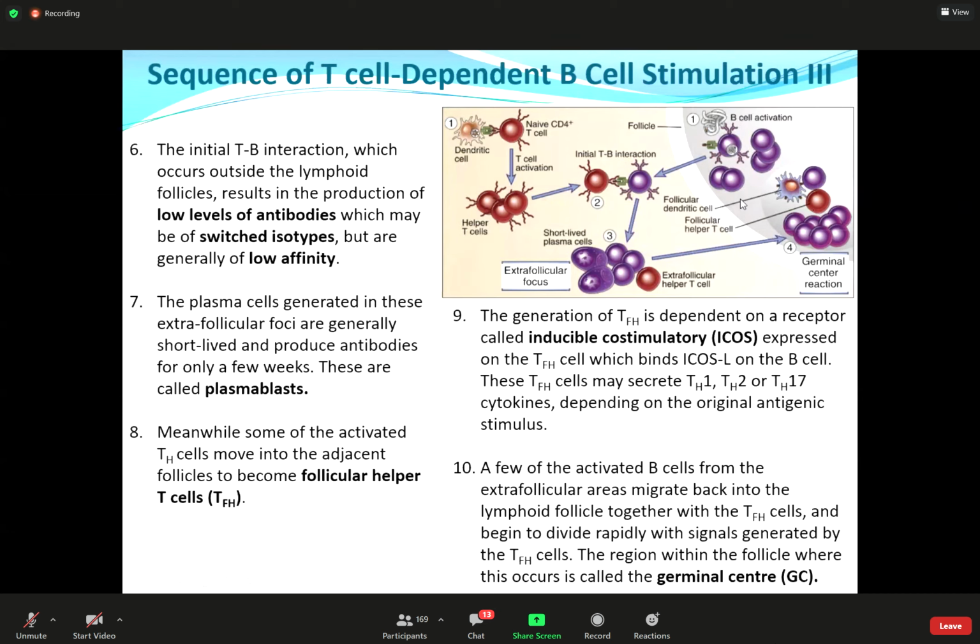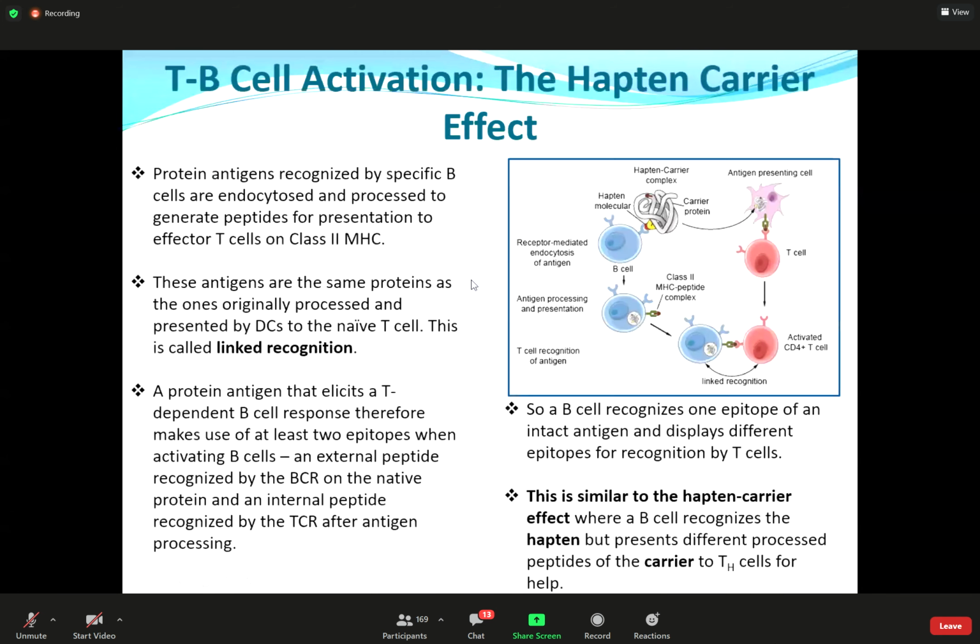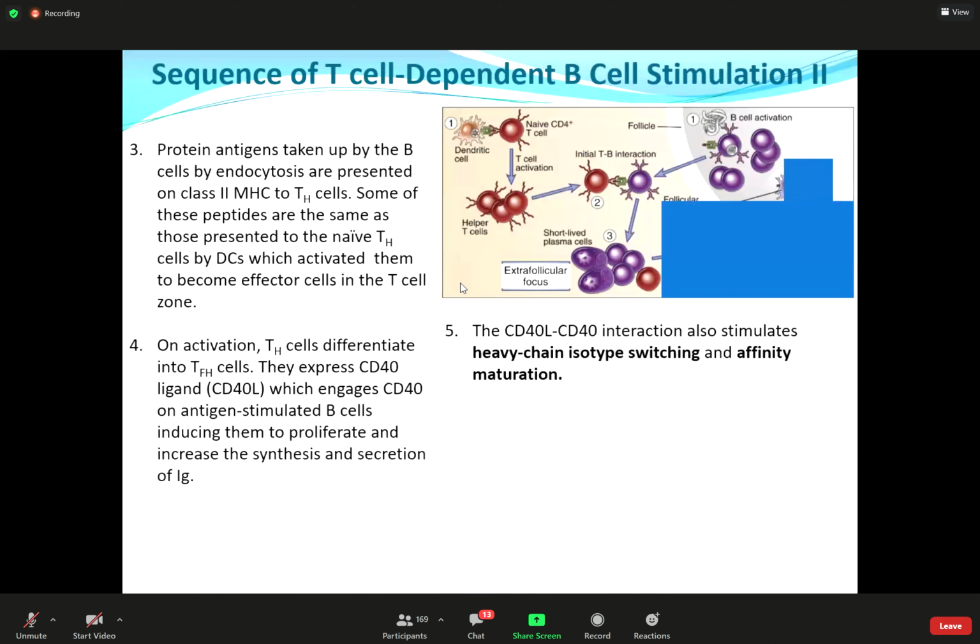So this interaction is dependent on two co-stimulatory molecules. One is called CD40 ligand, which I talked about already previously with the T helper cells.